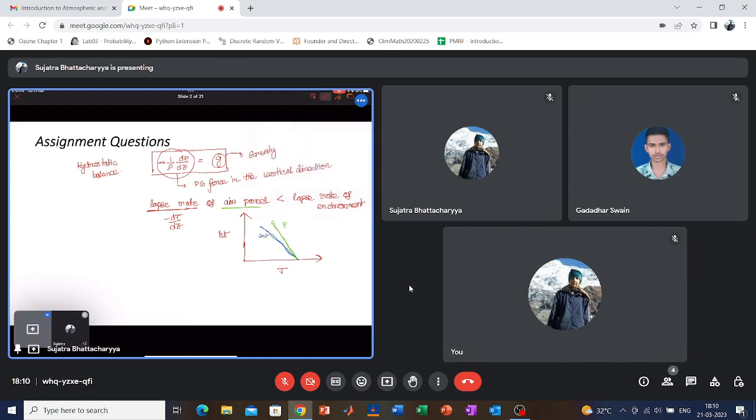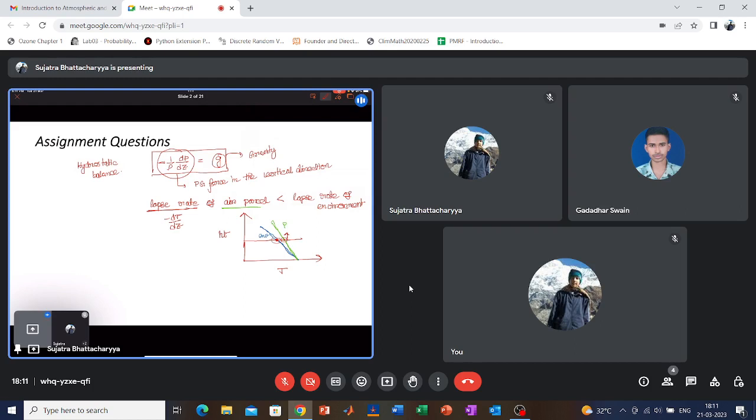Now, you check any height, the temperature of the environment is low as compared to the temperature of the parcel. So if the temperature of the environment is low, then its density is high, but this parcel's density, because of high temperature as compared to environment, will have lower density. So it will get a buoyant force and will move up. It will not come down.